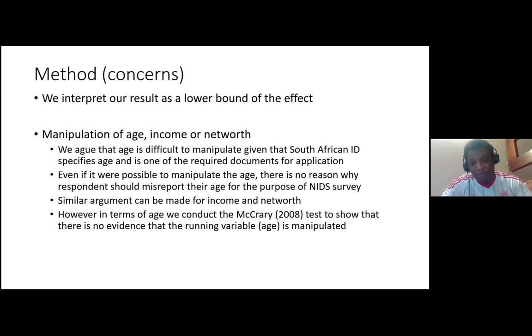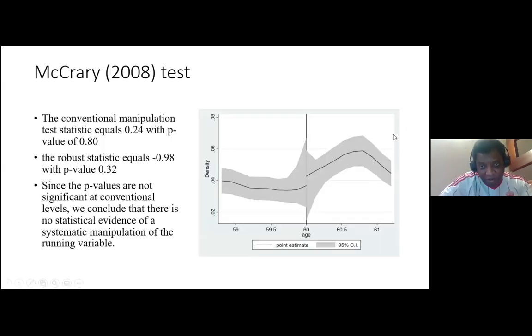But despite that, we performed the test by McCrary 2008 to show that the running variable is not manipulated. And this is the result of the test. So basically what the test does is check the density of the running variable, which is age in this case, and check whether there is a significant difference at the threshold.